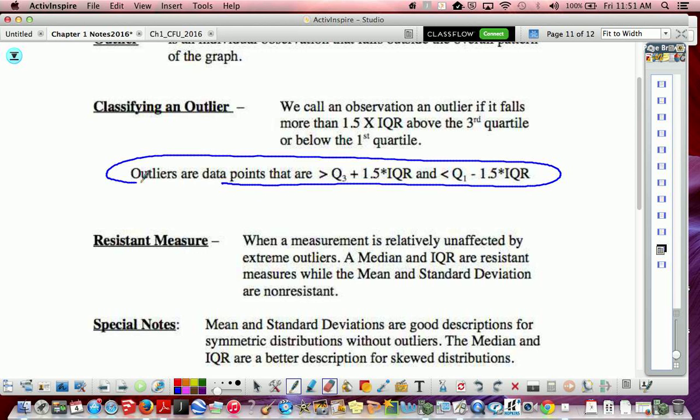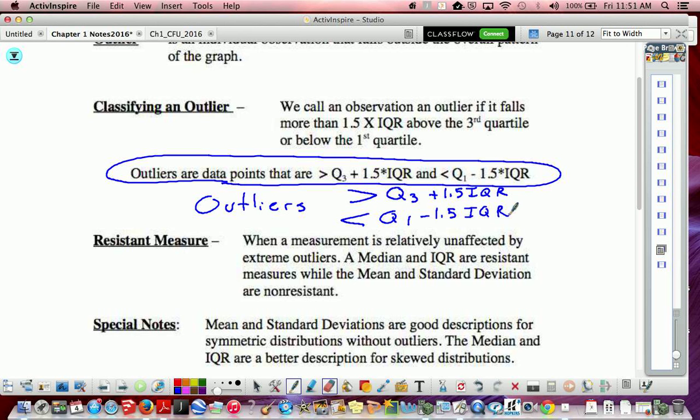Outliers are values that are greater than the third quartile plus 1.5 times your interquartile range. Or they could be values that are less than Q1 minus 1.5 times the IQR.